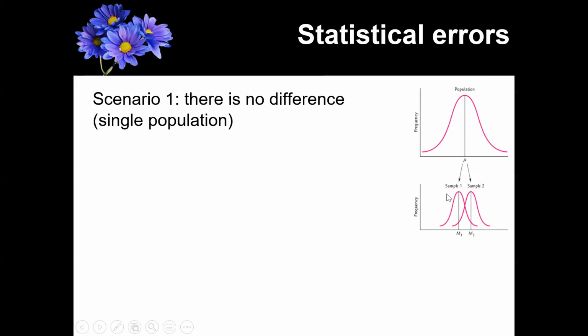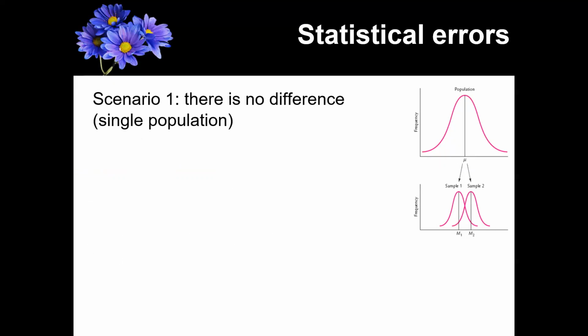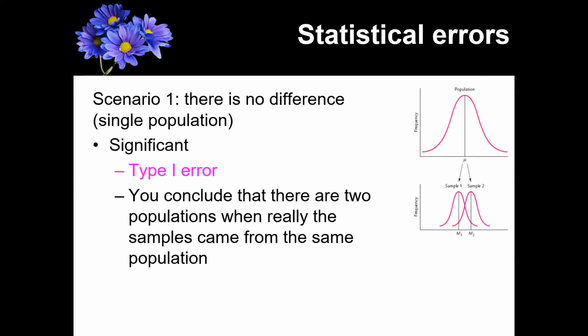Keep in mind that, like we've been talking about, these sample means are going to vary. It's unlikely that they'll come out exactly the same. They're randomly drawn, so they might be bigger or smaller than the true population. Although our tests are meant to evaluate for this, sometimes, due to sampling error, you end up with enough of a difference that the test says this indicates a population difference.